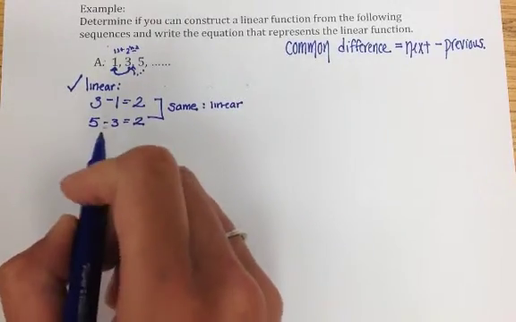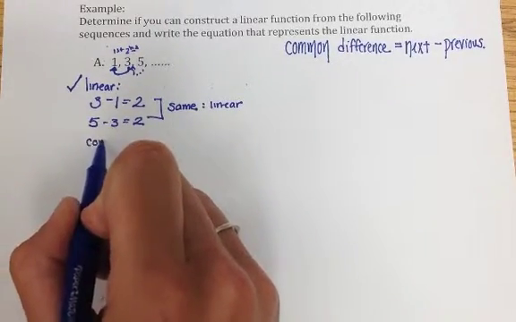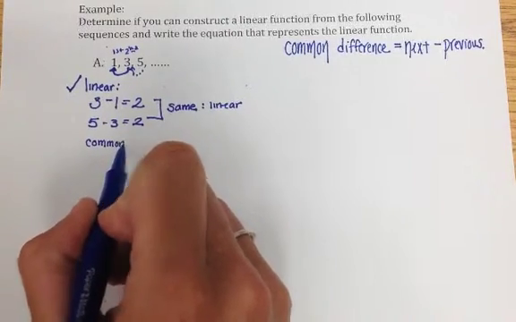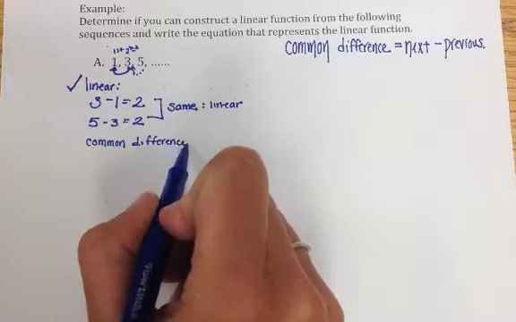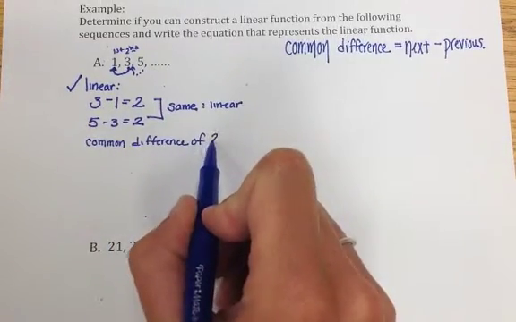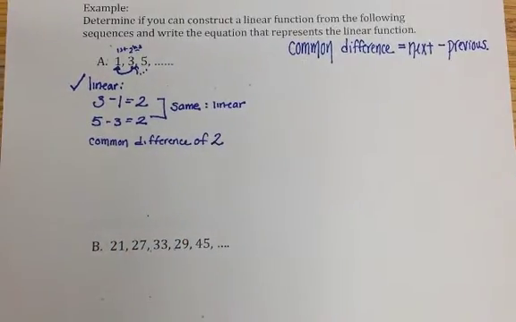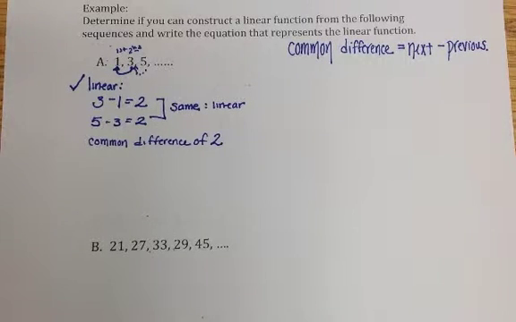So this sequence has a common difference of 2. Now we want to create an equation to represent this linear function. And so we're going to be looking at this formula.